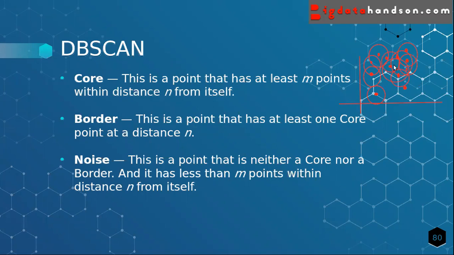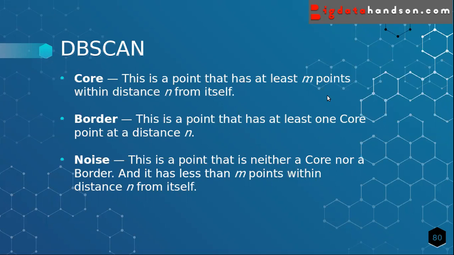If I draw a circle, this is how DBSCAN is working. Now if you do like that, it will create a cluster where we have more density, right? If you have more density, all the data points go to one cluster. This is how DBSCAN is working, and it can also capture the noise as well.